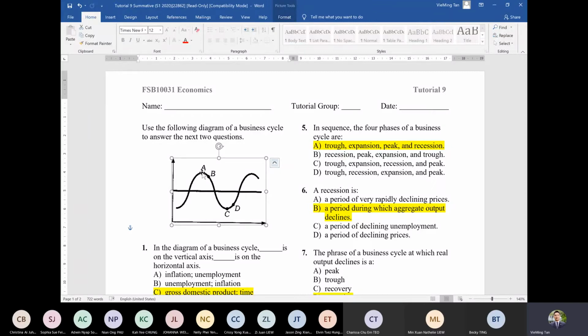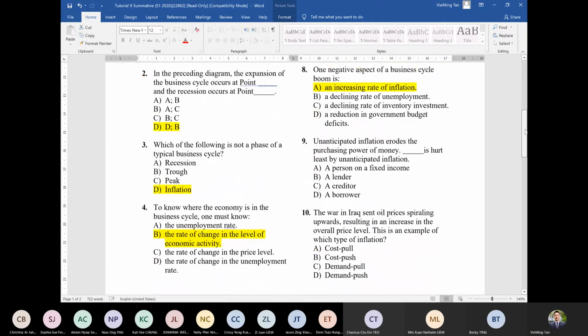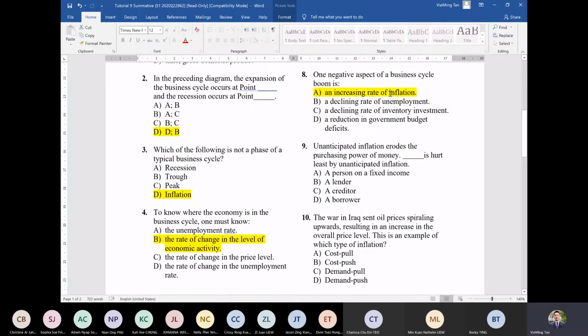When aggregate demand increases, this can also increase the inflation rate. When inflation is too high, for example above 6%, it's also not good for a nation. So the best answer is A.